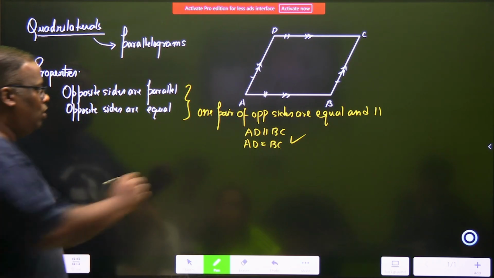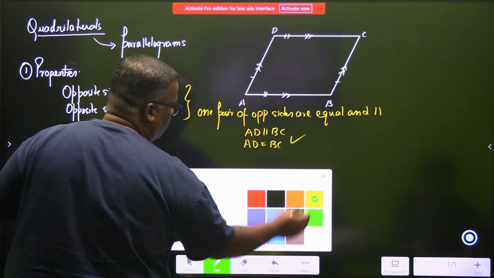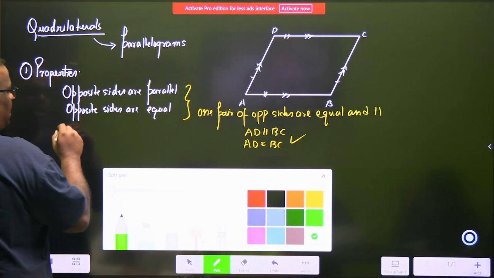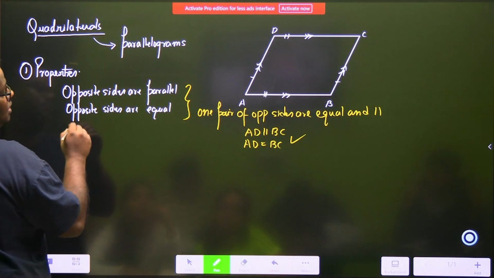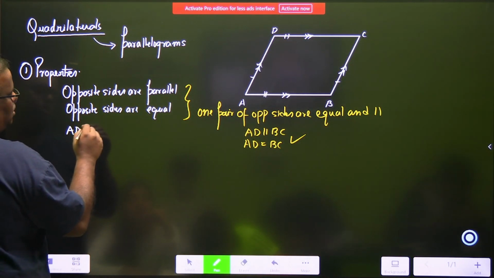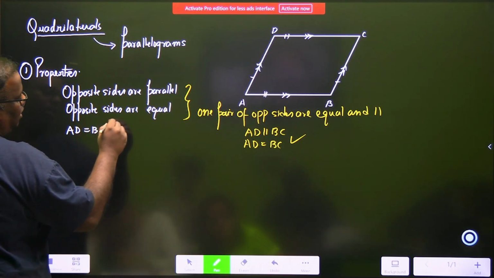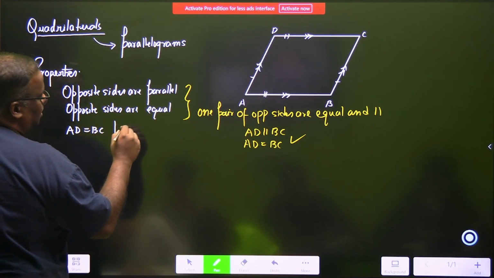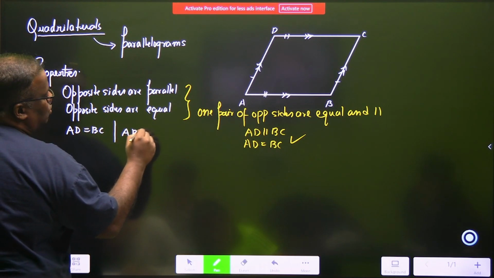And if you don't want to do this, if you want to stick to the old one, these are all grade 8 things, then suppose you want to go by equality, you have to prove AD is equal to BC, and also you have to prove that AB is equal to DC.